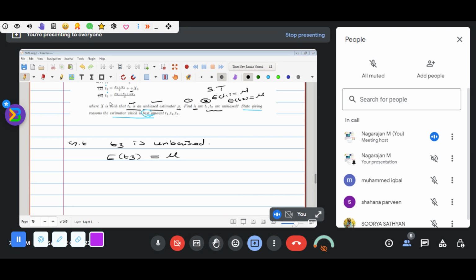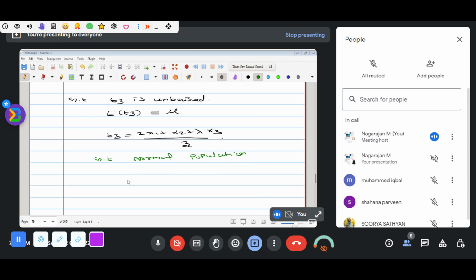Now, what is the T3 value? T3 equal to (2x1 plus x2 plus lambda into x3) divided by 3. Now, what is the given entity again? The given entity again is a normal population. Normal population meaning you know the mean value. Mean equal to mu.